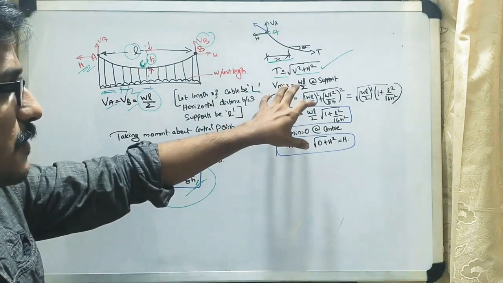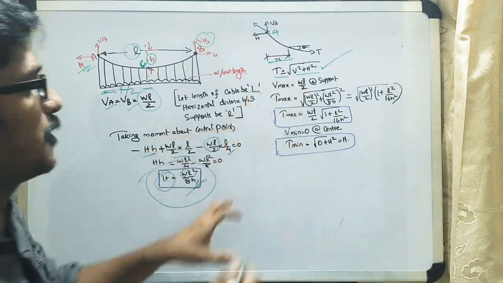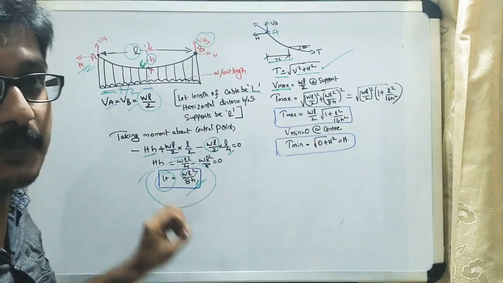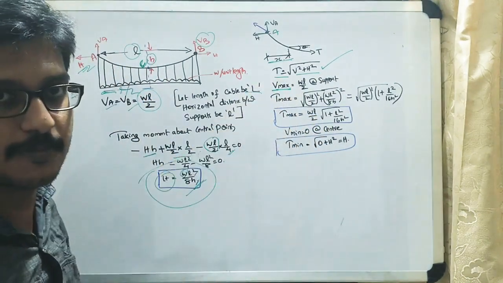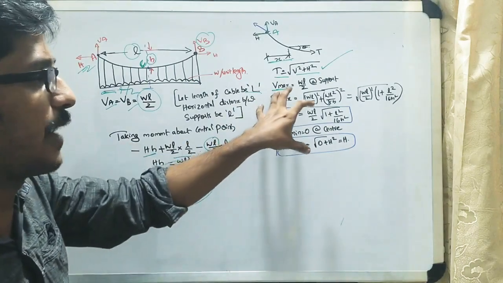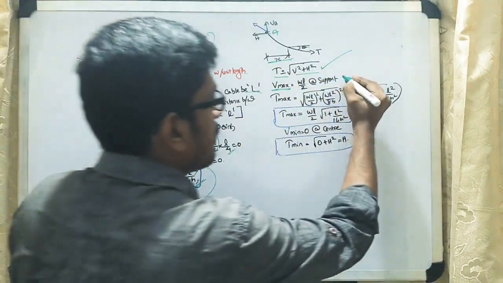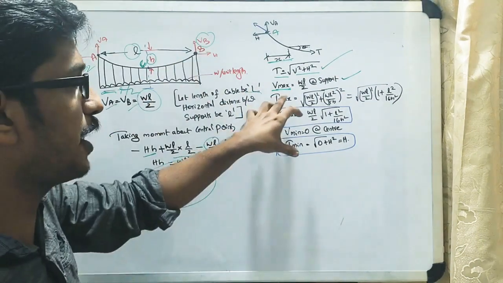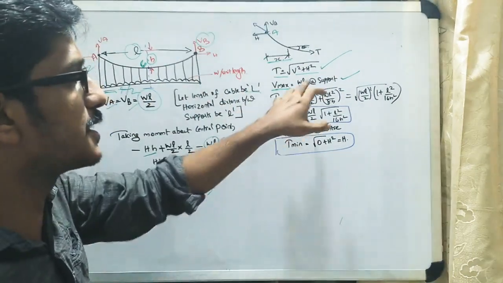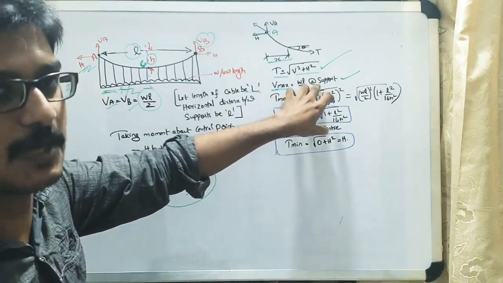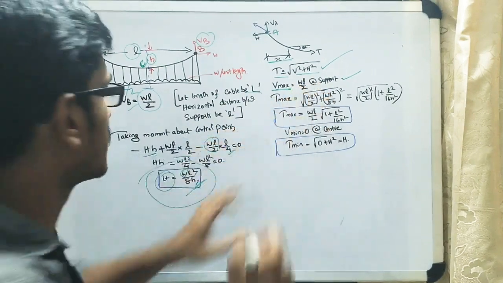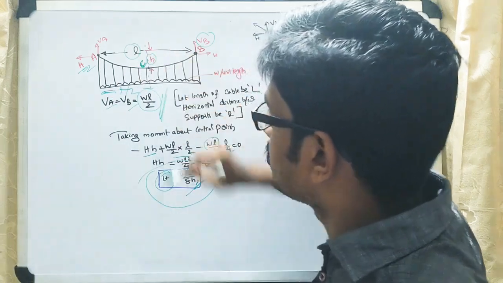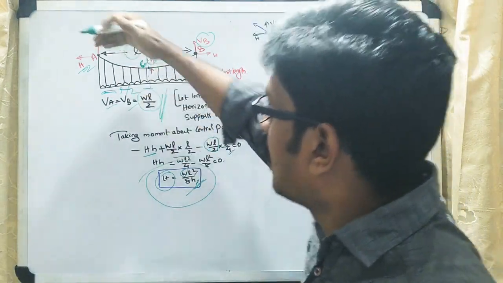Now consider V max, the maximum value of shear force. Where does it happen? The maximum value will be at the supports, that means at A and at B, where the value of V is WL by 2.